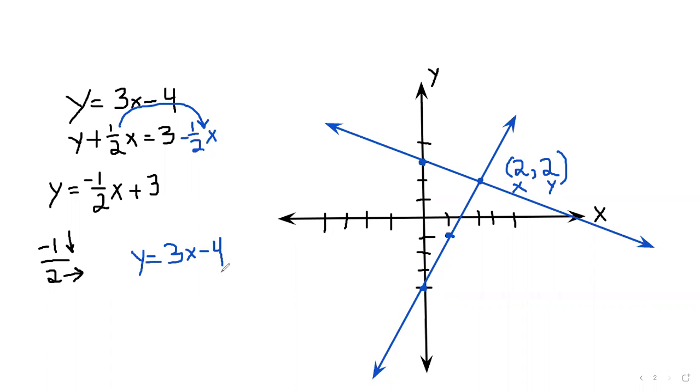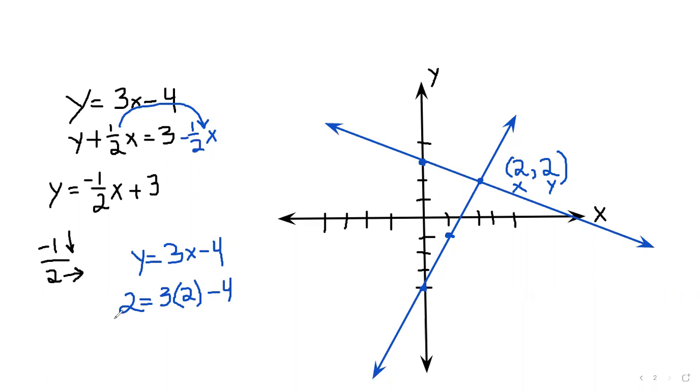So y is 2, put 2 over there. And x is 2. Remember, when numbers and letters are scrunched close together, that means multiply. So I'm going to use parentheses to remind me that I'm multiplying, because if I don't, it's going to look like the number 32 and I'm going to get confused.